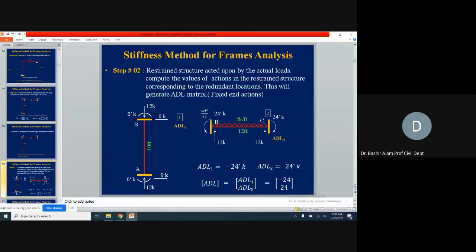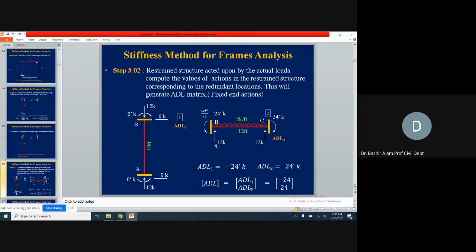While still it can slide in the vertical direction, it can slide in the horizontal direction also. Only rotation was stopped, D1 was stopped here. So now when it can slide in the vertical direction, it means this 12 kip, when it starts sliding in the vertical direction, it is going to be transferred to this BA member. And this joint must be in equilibrium.